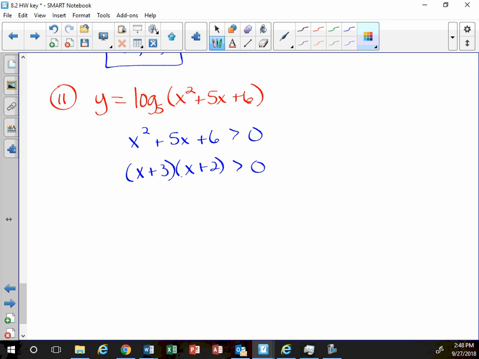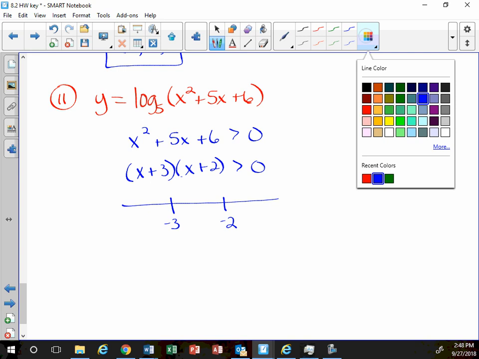All right, how do I solve that? We do the number line with the positive and negative. Don't cry, it's just a number line. What goes on my number line? -3, -2, because it's what would make it 0. What do you want to test that's easy? 0.